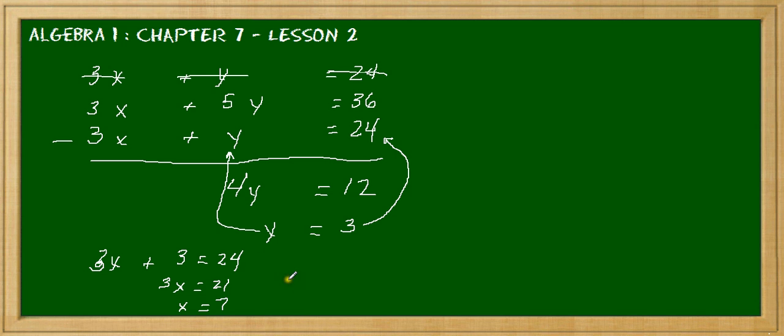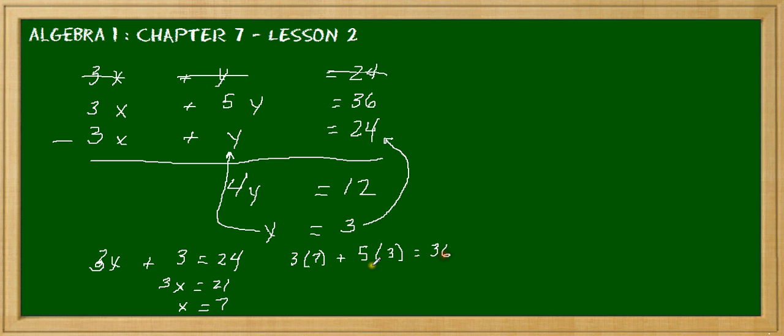If we go ahead and just put in both values, let's say, into the second equation, let's see, 3x plus 5y. Let's go ahead and do that down here. We're going to say 3 times each cat weighs 7 pounds plus 5 kittens times 3 pounds, and that should equal 36.